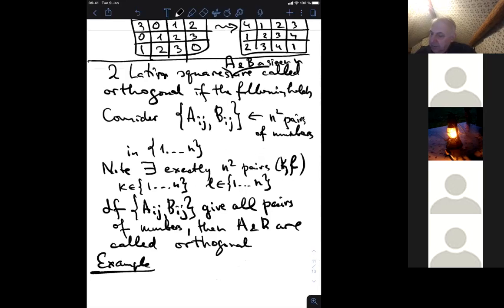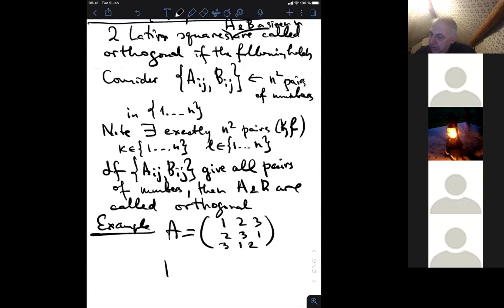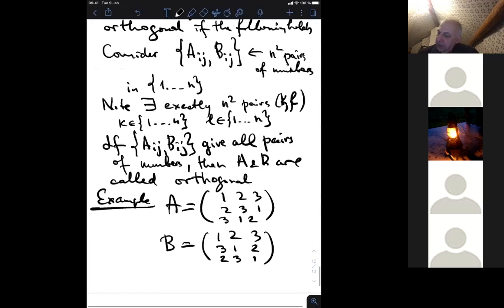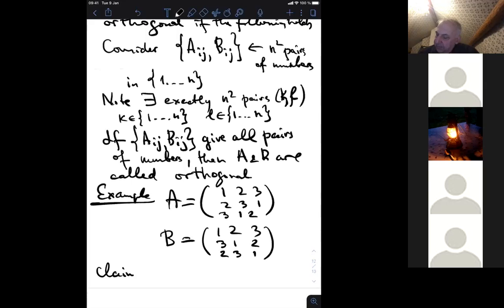So my A would be 1, 2, 3, 2, 3, 1, 3, 1, 2, and my B would be 1, 2, 3, 3, 1, 2, and 2, 3, 1. So I'm switching the second and the third row in my matrix A to get B. I claim A and B are orthogonal.